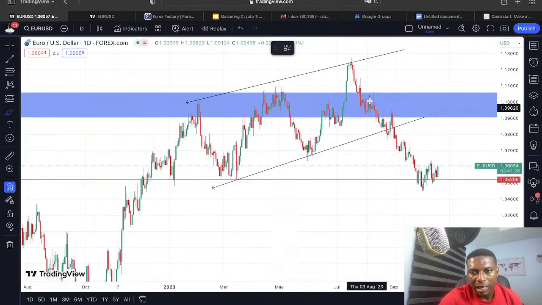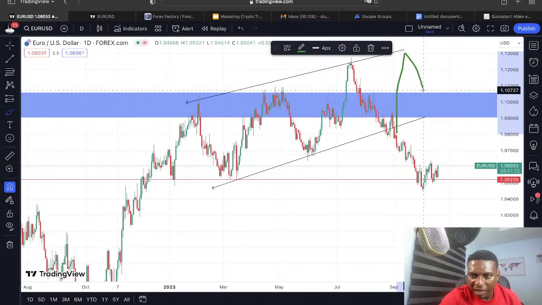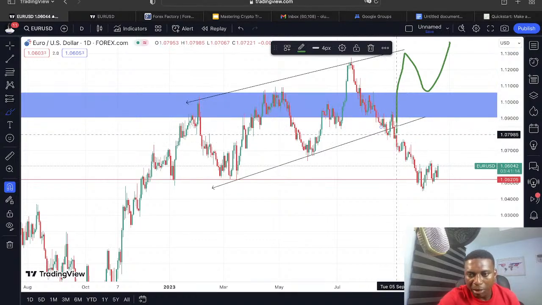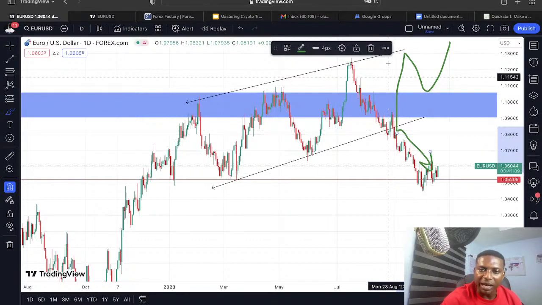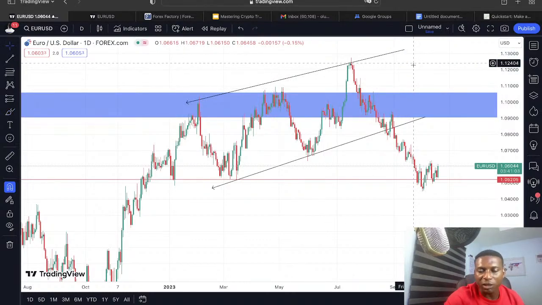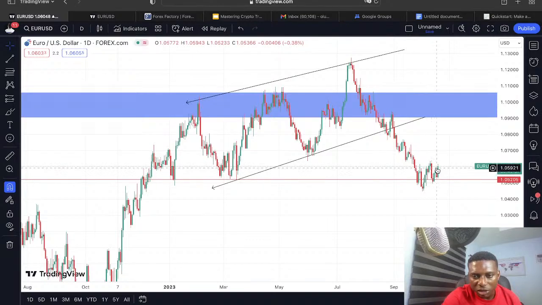So expecting price to push up to this level, maybe then later come down to this level and then push up later. Also, I was expecting that if price breaks out of this trend, then we might see a continuous fall. Okay, and what did price do? Price broke out of the trend. All right, and now that price broke out from the trend, what did we see? A continuous fall. All right, a continuous fall.